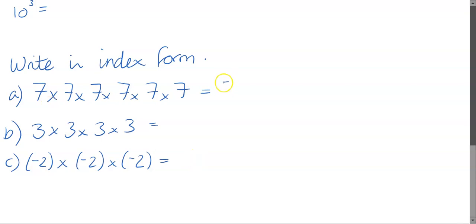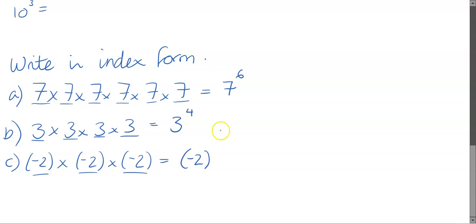Well, it's just a case of writing the number that's repeating and then counting how many there are. So here there's 1, 2, 3, 4, 5, 6, so it's 7 to the power of 6. 1, 2, 3, 4, so 3 to the power of 4. 1, 2, 3, minus 2 to the power of 3.